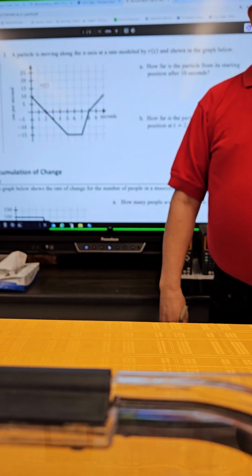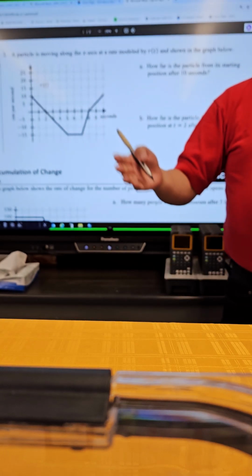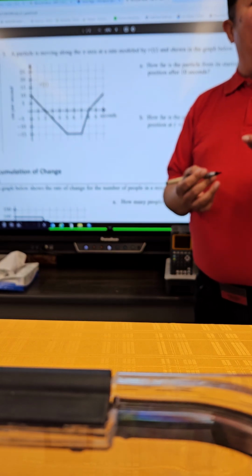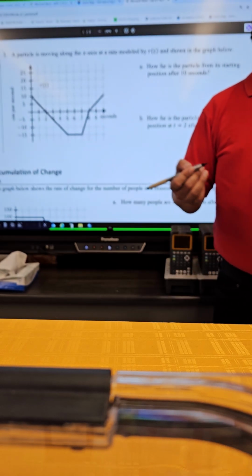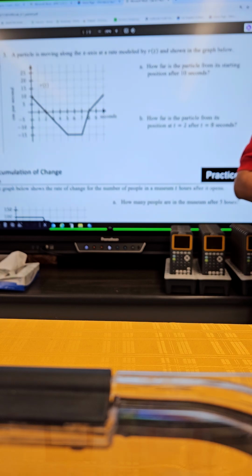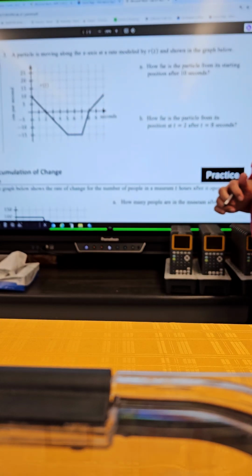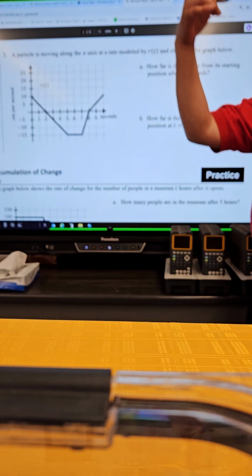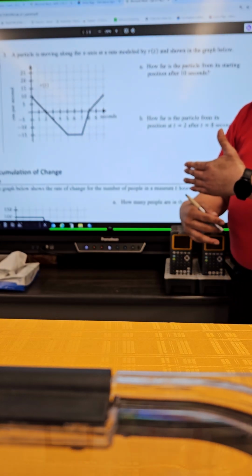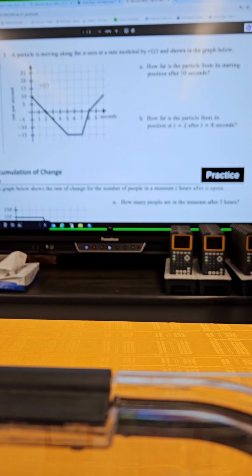What figure is that? Trapezoid. Very good. So base 1 plus base 2 divided by 2 times the height, right? Indeed. And then what is the next one? Another triangle. So a triangle plus a trapezoid plus a triangle. That's the accumulation of change.